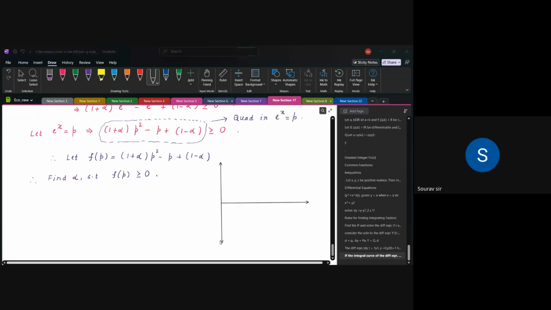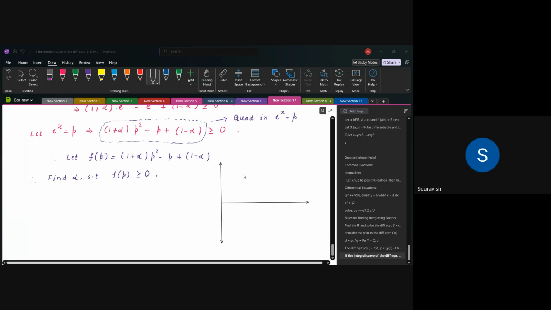What are you saying? 1 plus alpha should be positive. Why? It is upward, we get the upward curve. Upward curve. Okay. And discriminant should be? Less than 0.